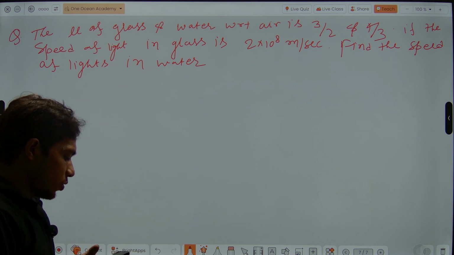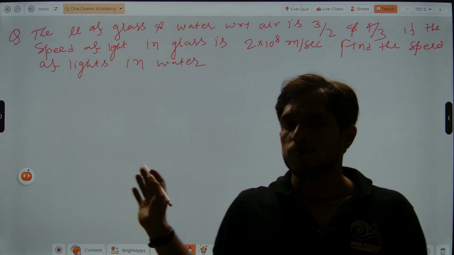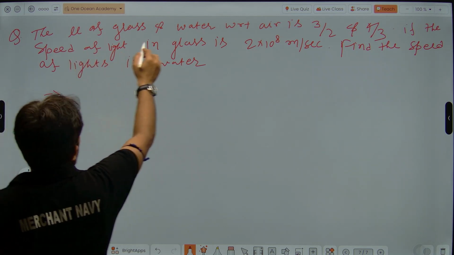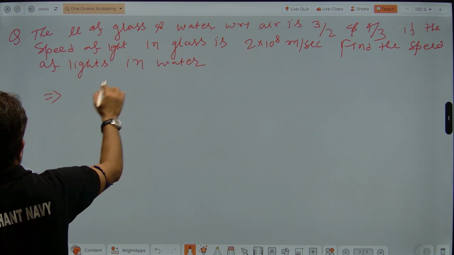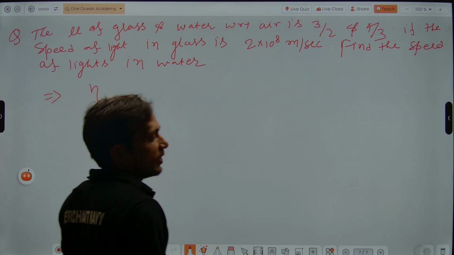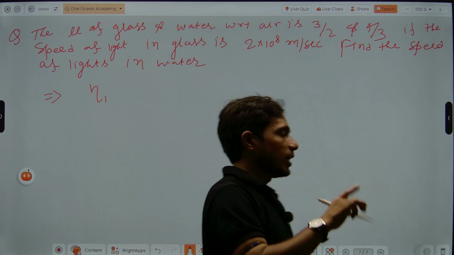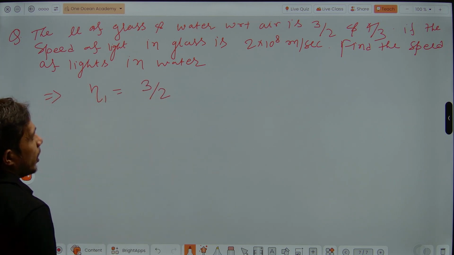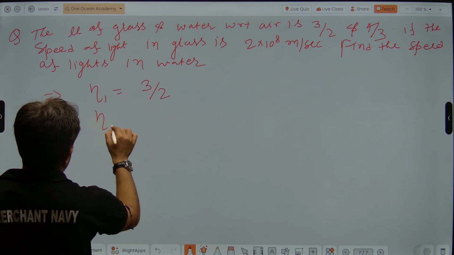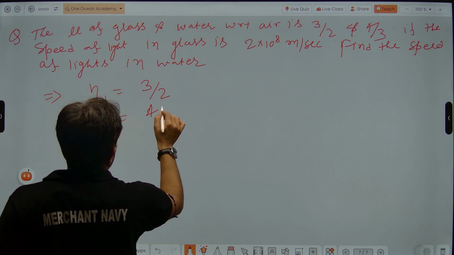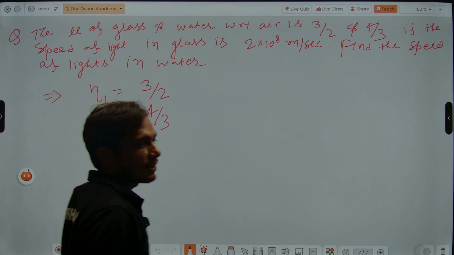Okay. So, how we will solve this type of question? From here it is given that the refractive index of the first element, that is equal to 3 by 2. Next, the refractive index of the second element is equal to 4 by 3. It is clear?